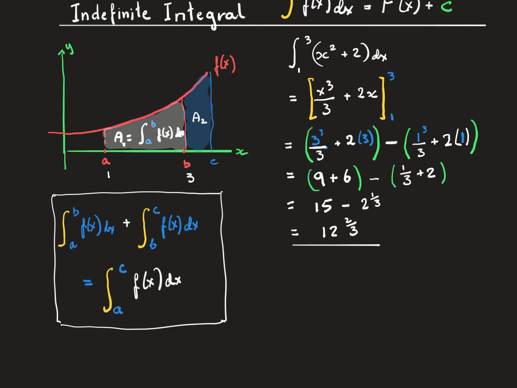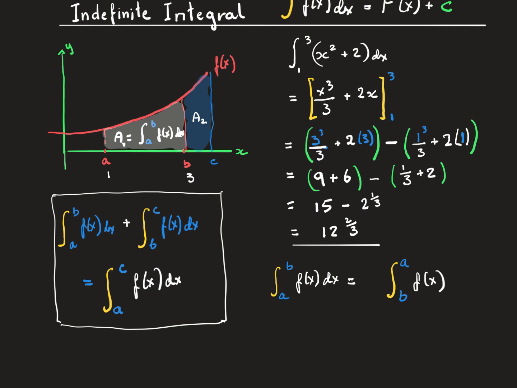One other property that I will mention here is that if I have the integral from a to b of f(x) dx, then if I was to switch the boundaries, where b becomes the lower boundary and a the upper boundary of f(x), what is the relationship between them?